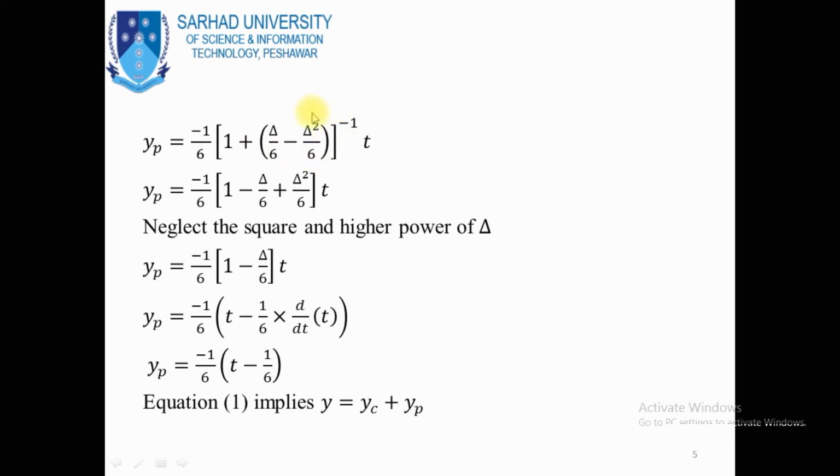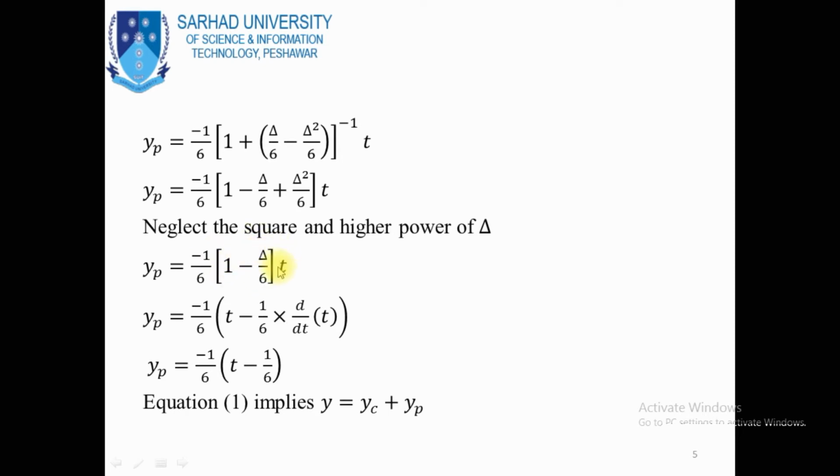Applying the binomial theorem, since the power of t is 1, we need only the first two terms of the binomial expansion 1 plus nx. Minus 1 over 6 into 1 minus del plus del square by 6 into t. Now neglecting the square power of del and higher powers of del, we obtain minus 1 over 6 into 1 minus del by 6 into t.